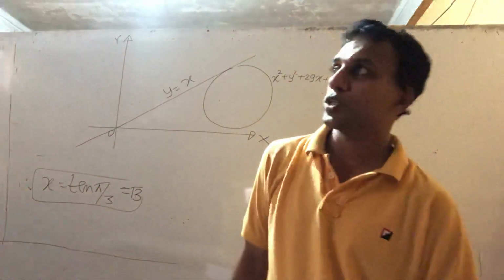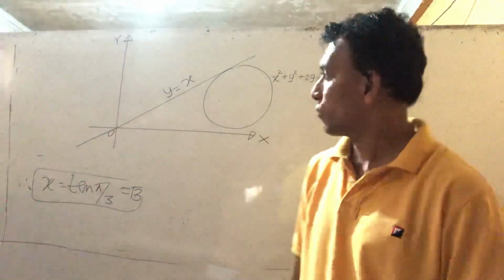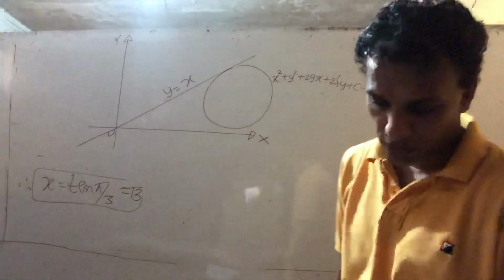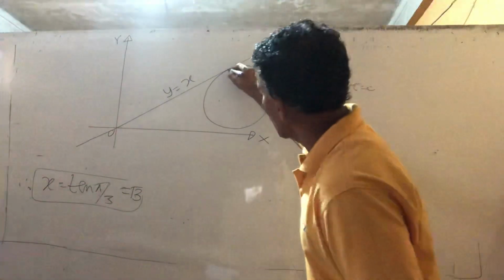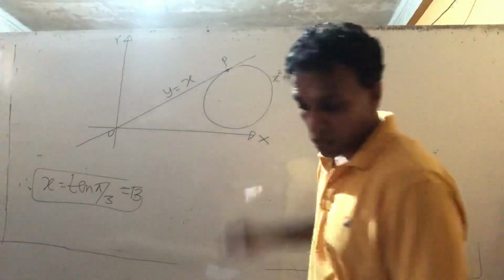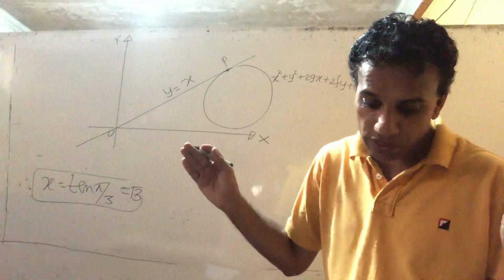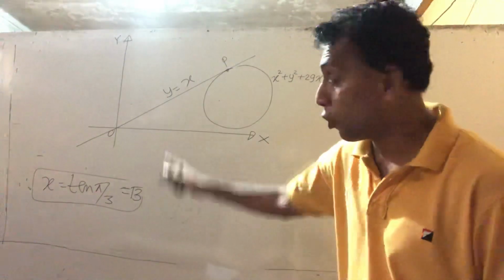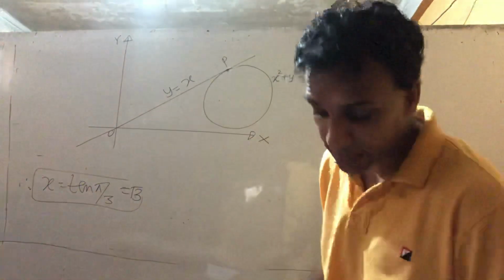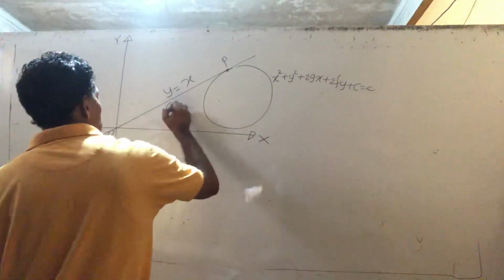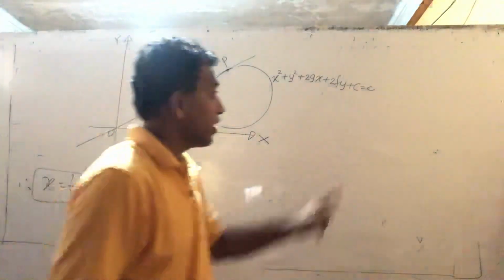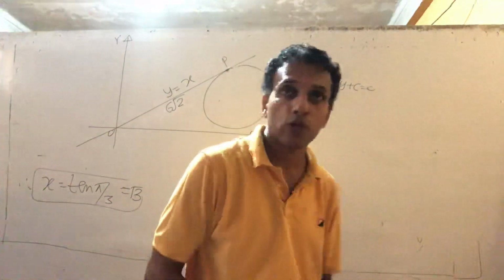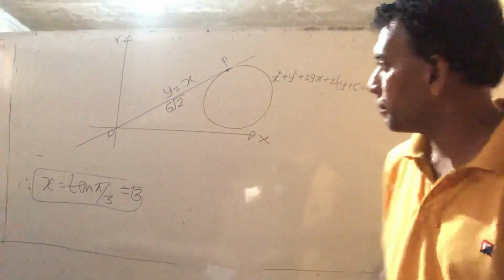It touches at a point P. The length of OP, O is the origin, is given as 6 square root 2 units. Then find the c value. Nice problem.